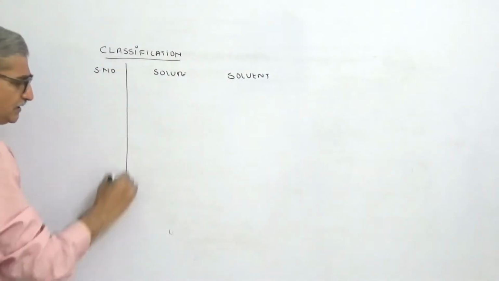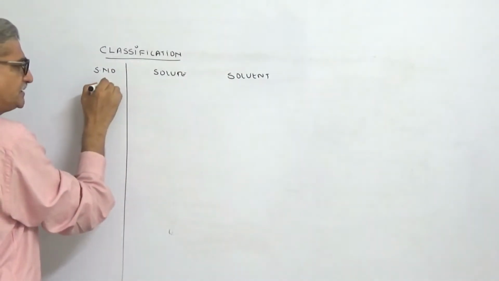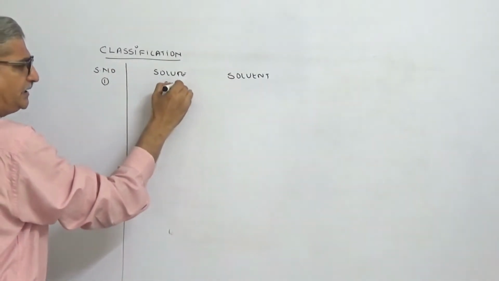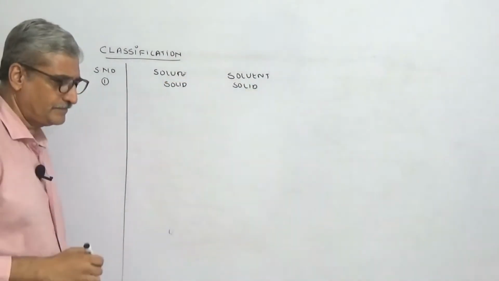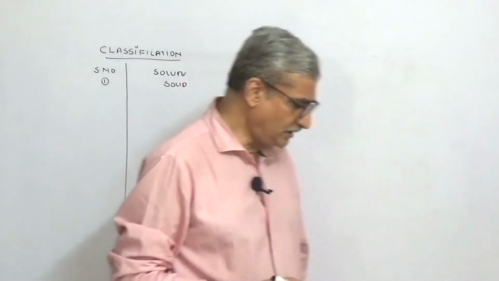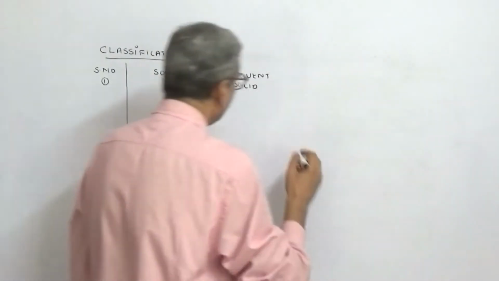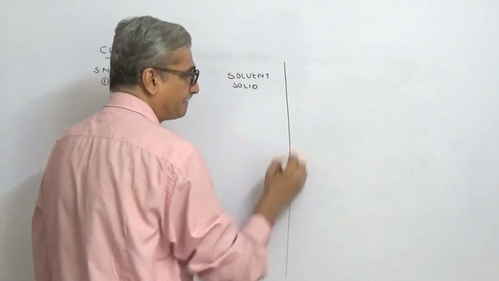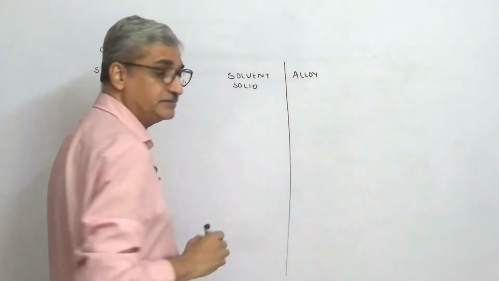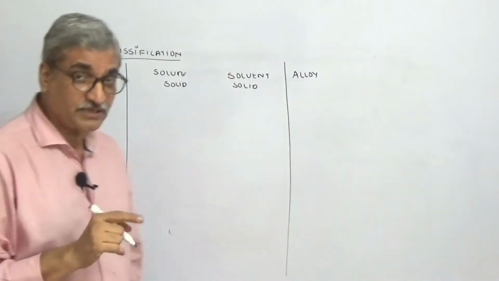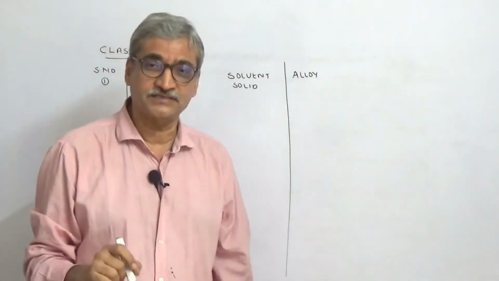So where do we start? First is a solid dissolved in a solid. Example will be alloy. Now you will ask me, sir, how can it be alloy? That's why we started with solid state.